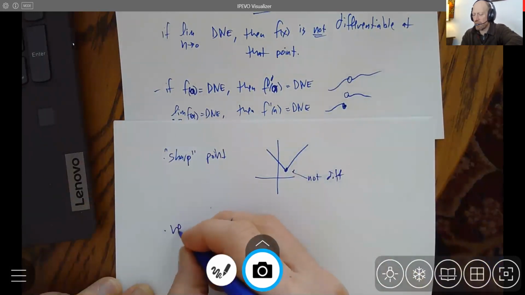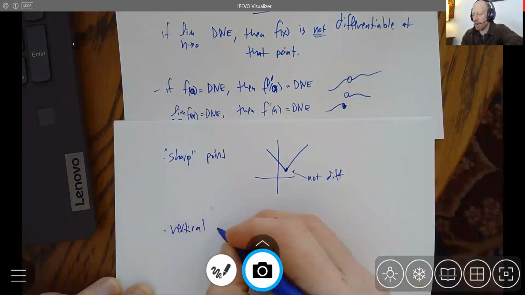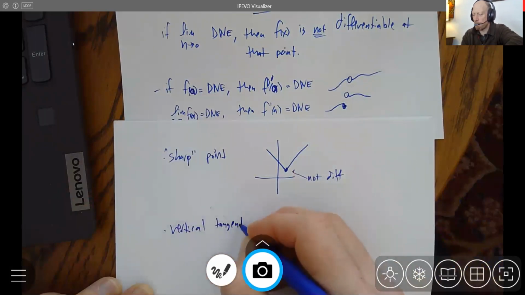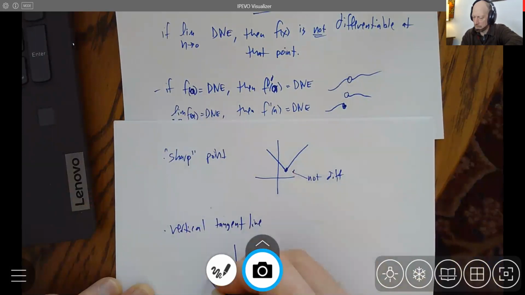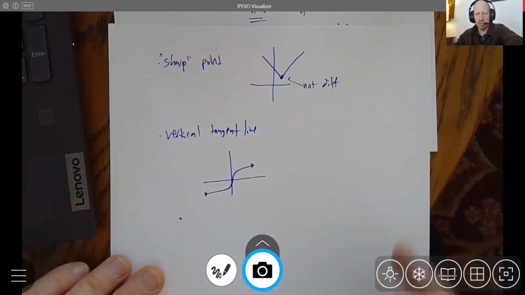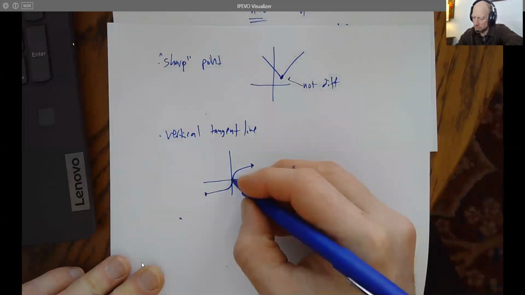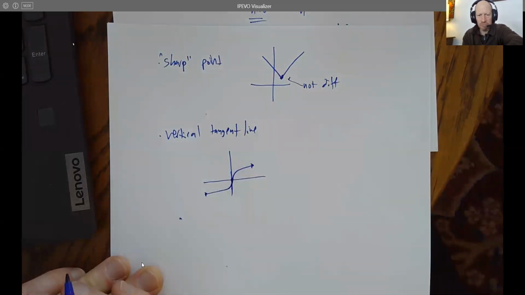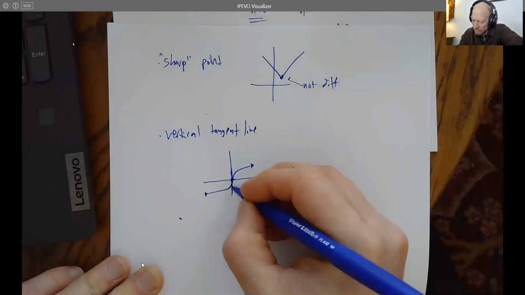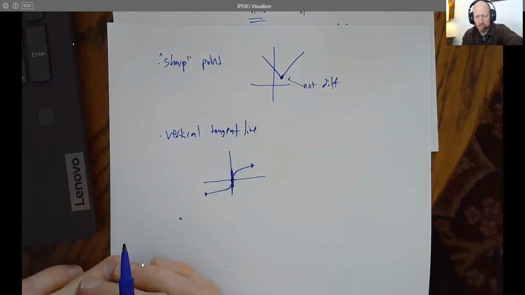And also the other situation that we can run into is we can't have a vertical tangent line. There are functions like that. This is the cube root function, or a version of my interpretation of the cube root function. Right at 0, there is a vertical tangent line.